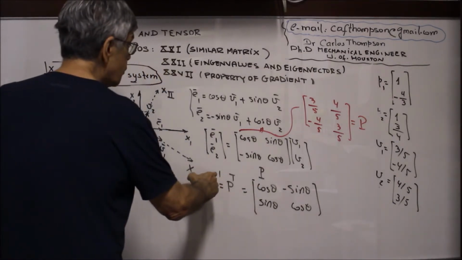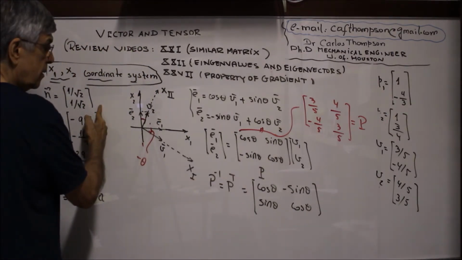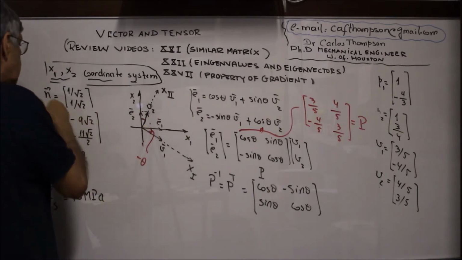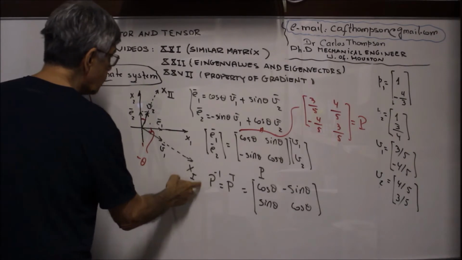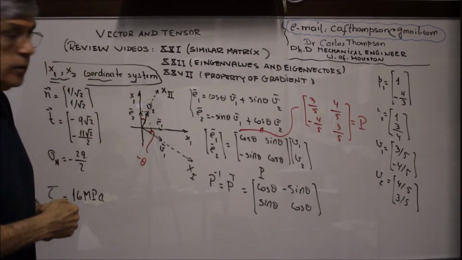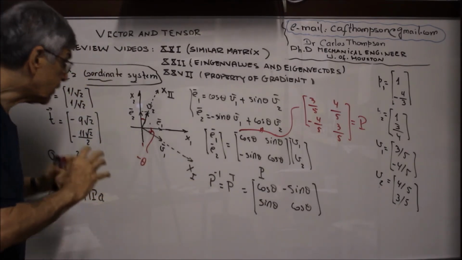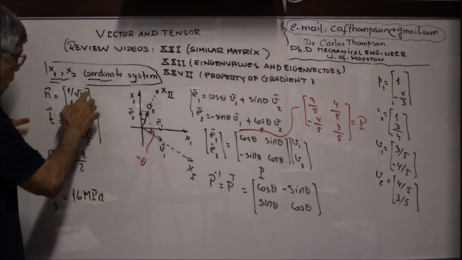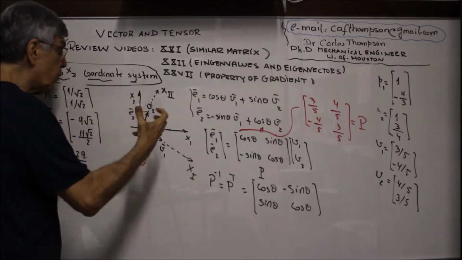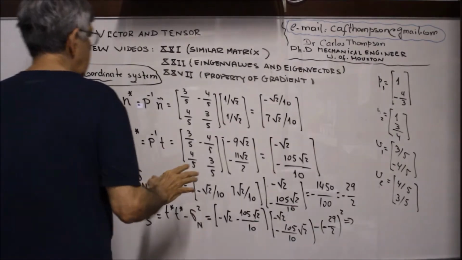P minus 1 acts, for instance, on a vector n, and gives me the component of the same vector in x1', x2'. You see, that's what P minus 1 does. That's what I want. I want to transform the components of this normal vector into the components of the normal vector with respect to the x1, x2.